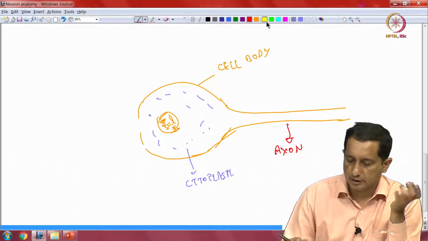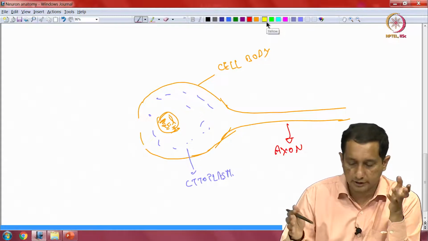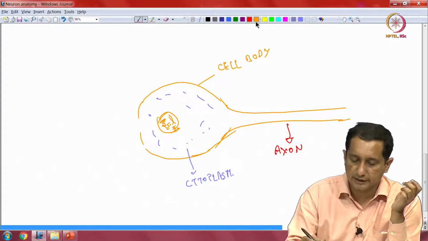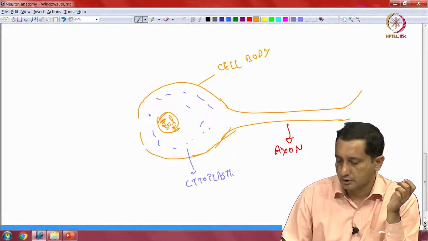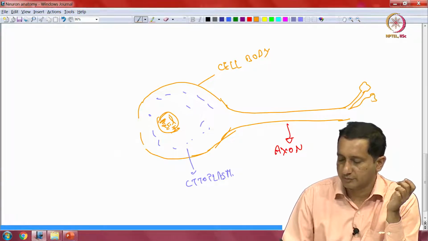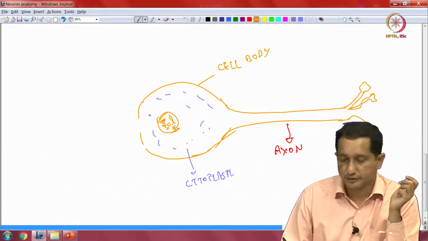Then the axon does not end blindly, it ends in other things called synapses, and there are multitudes of them.